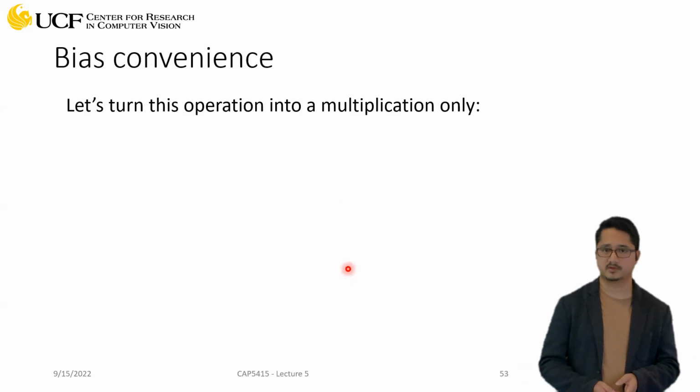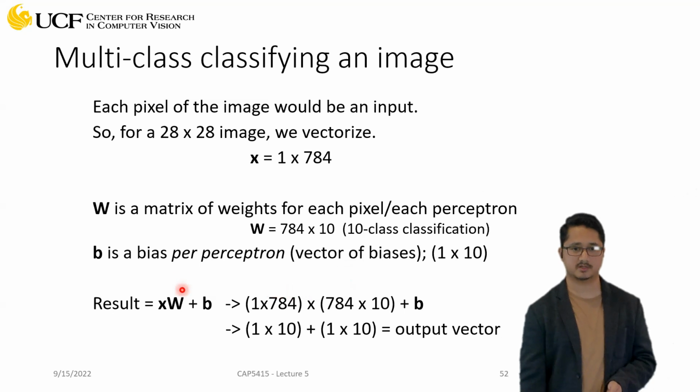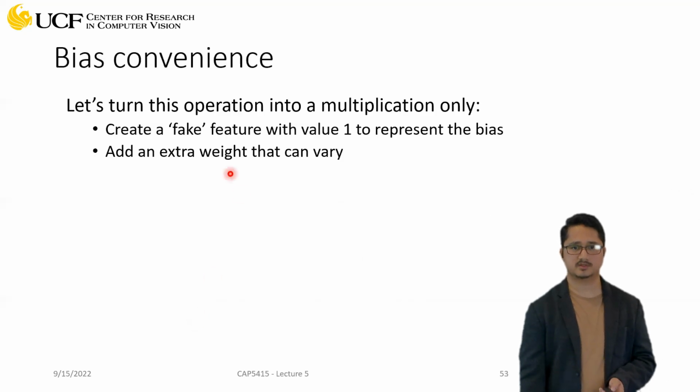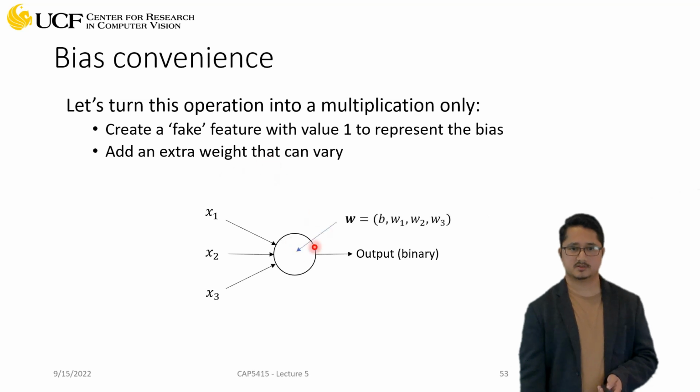We can simplify it further. So here it's a little, not complicated, but just from computation convenience, let's say we don't want to perform any addition. So what we can do is, and it's just a hack, you don't have to do this, you can move the bias inside your weights, right?